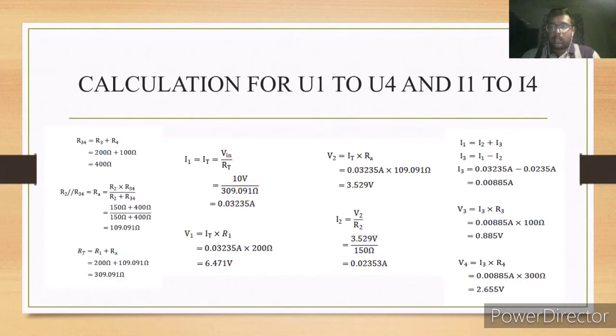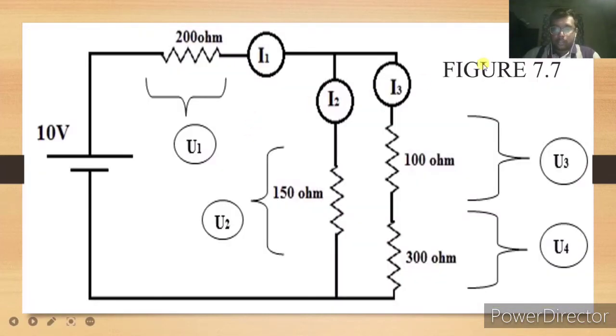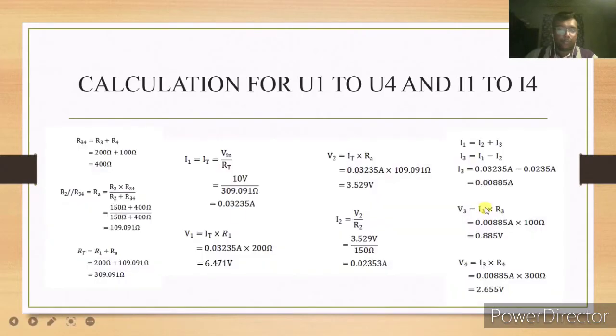So these are the calculations that we have used for this activity 4. As you can see, based on figure 7.7, we have R1 at 200 ohm, R2 at 150 ohm, R3 at 100 ohm, and R4 at 300 ohm.